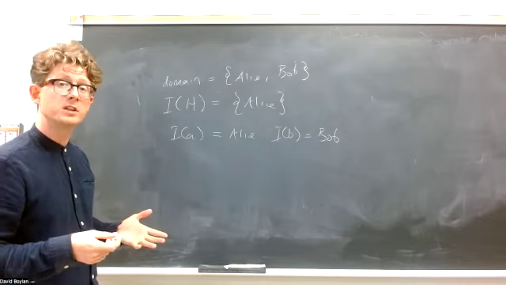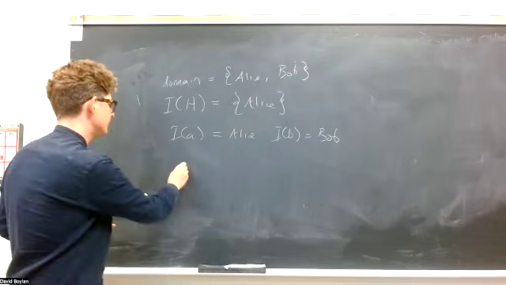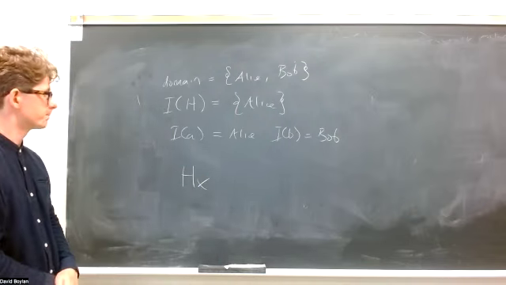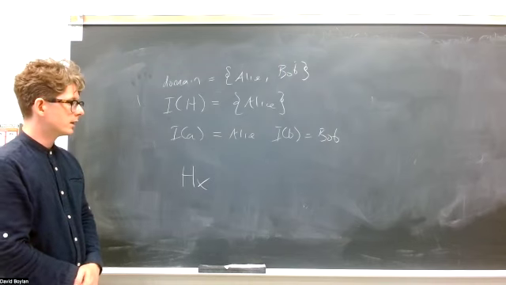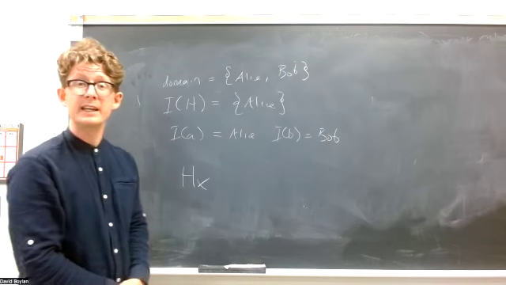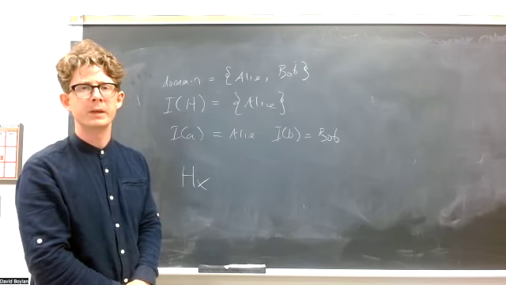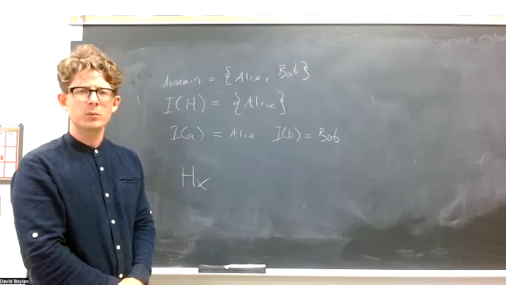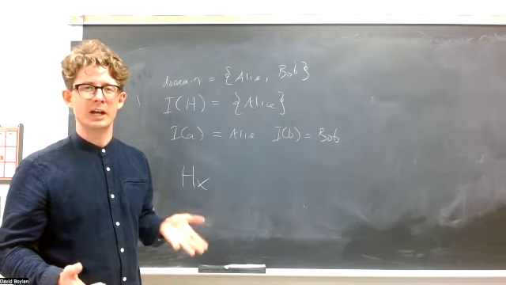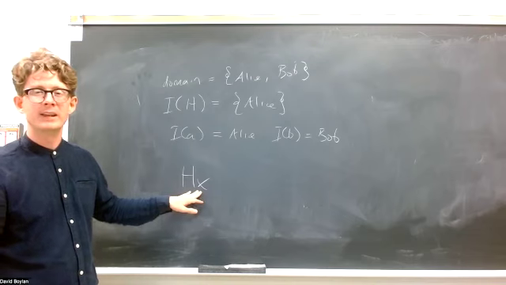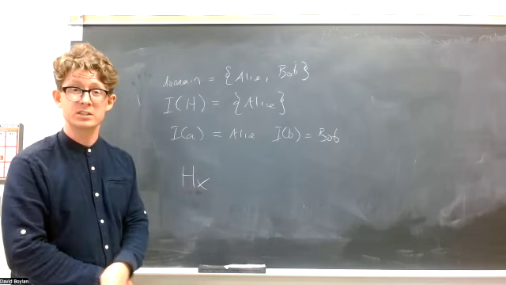Now, what I really want to think about in this case is a sentence with a variable in it, a sentence like H of x. We might start off by asking, is that sentence true in the way that we've set up our language? There isn't an answer to that question yet. x is this variable, and we haven't decided to assign it to anybody or not.